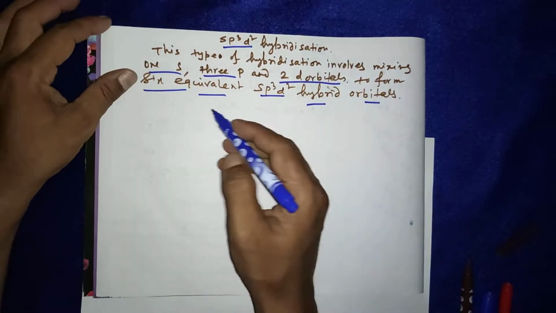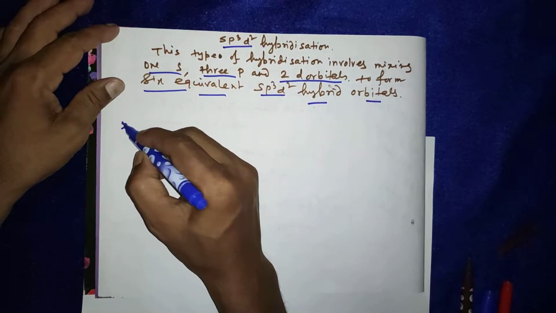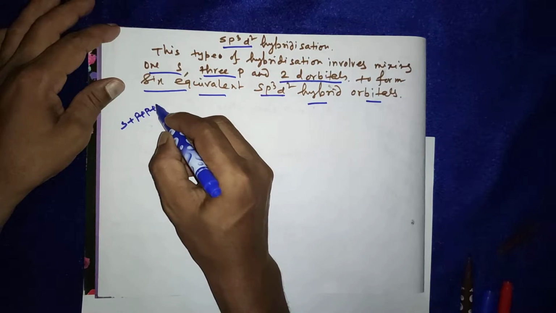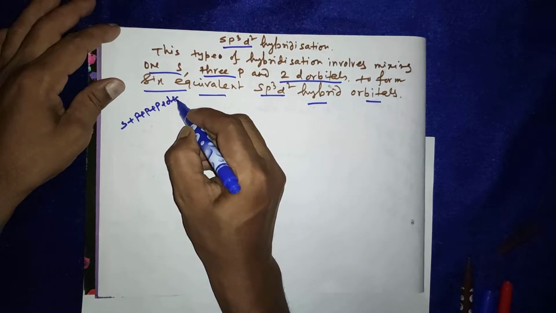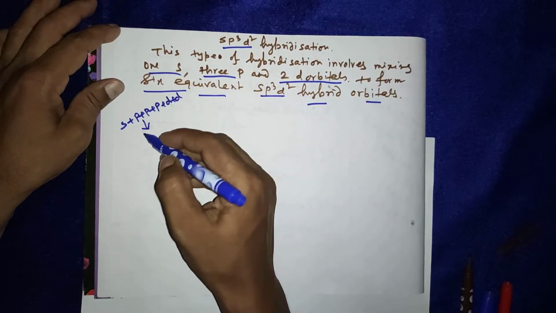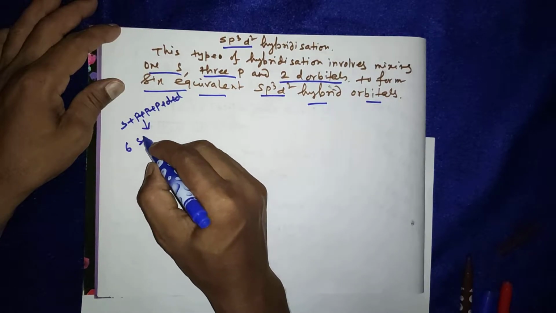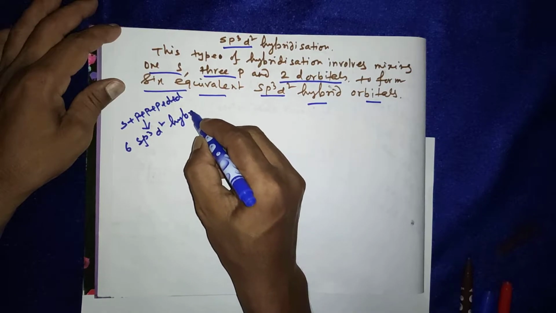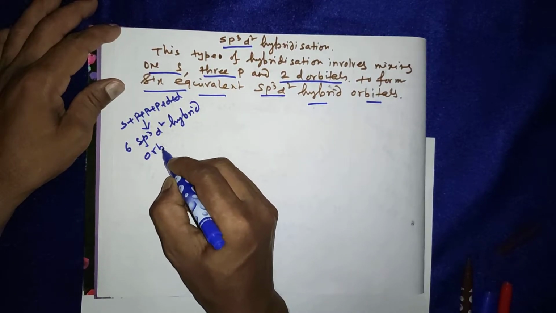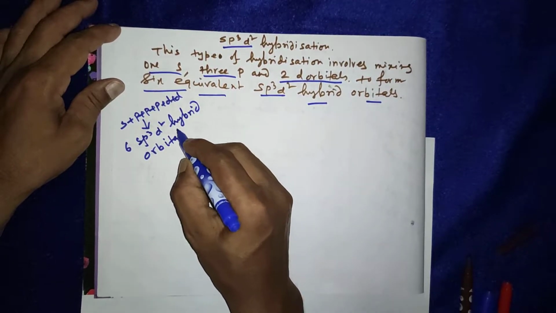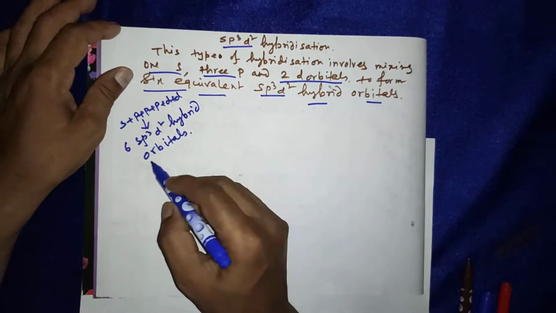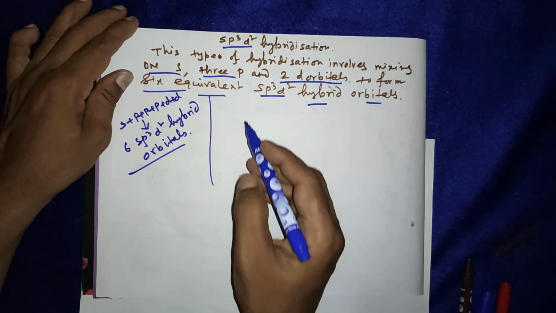Now we can say that 1 s, 3 p and 2 d will form 6 sp3d2 hybrid orbitals. Okay, now I am explaining it.